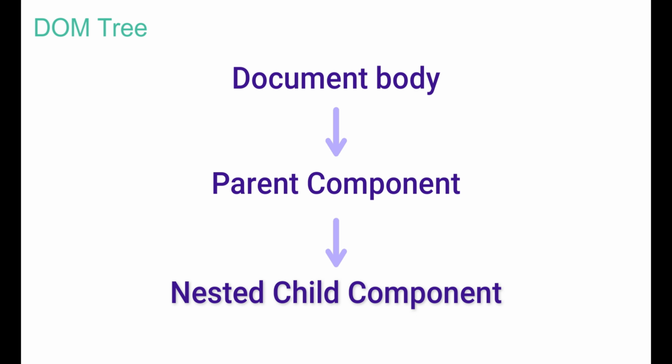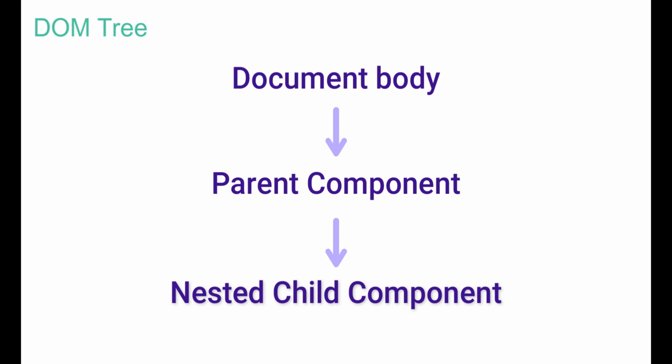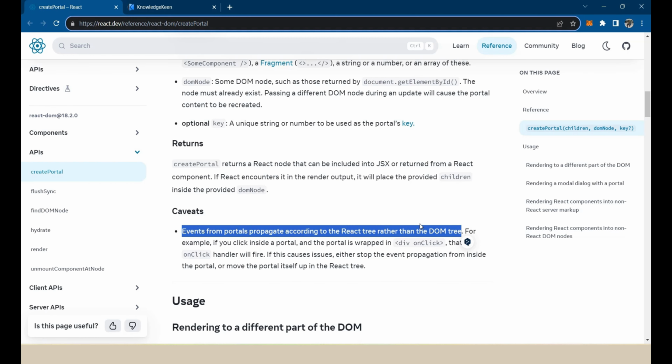Okay, now this is a child element, the innermost element. When I perform any kind of event on this, the event will bubble from this element to its parent element, then from parent elements to the body, document.body, and so on and so forth. So this event keeps on jumping to the highest element.